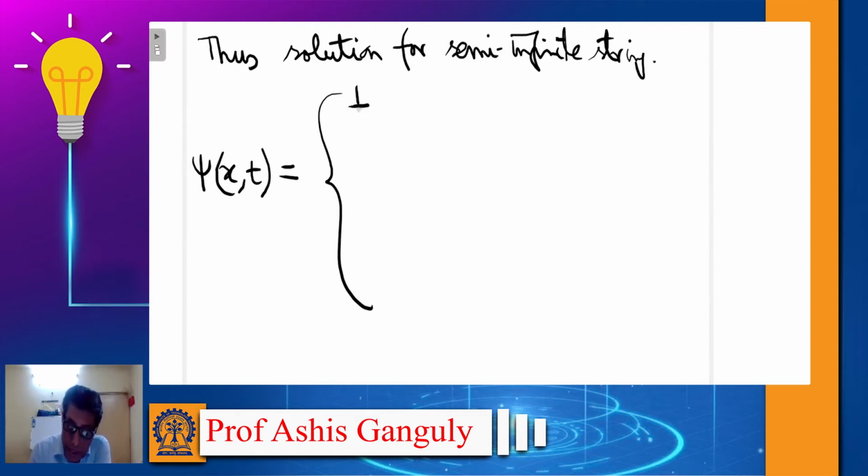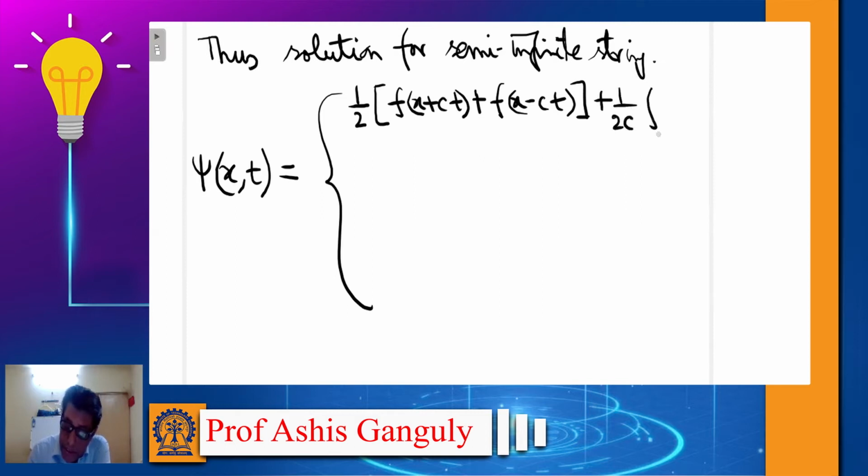Okay, so it is half f(x plus ct) plus f(x minus ct) plus 1 by 2c integral x minus ct to x plus ct g(u) du. This is for ct less than or equal to x less than infinity.